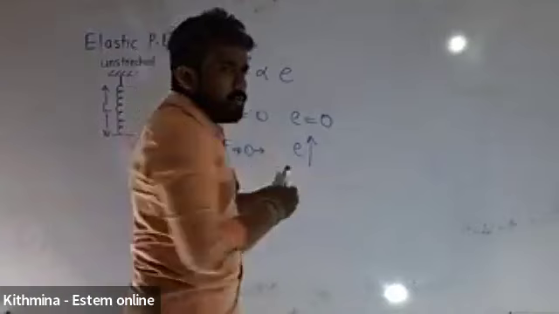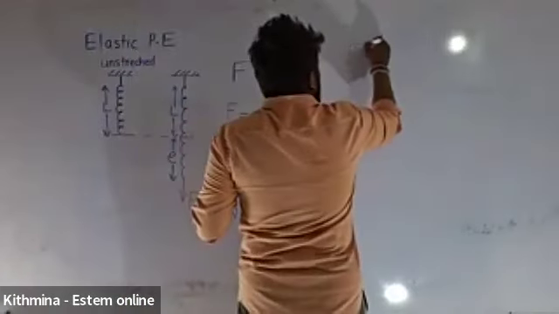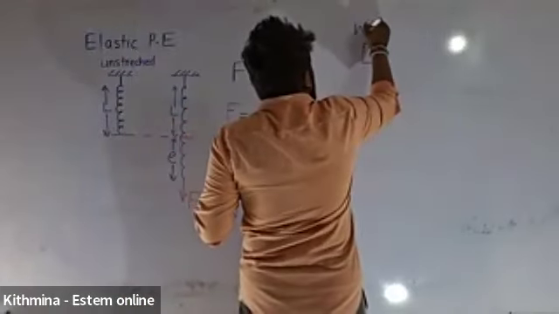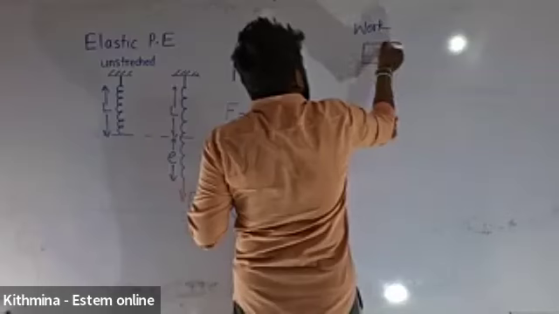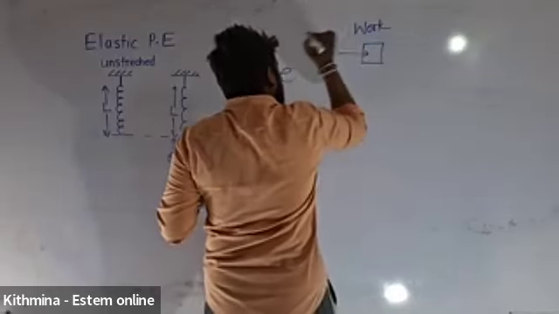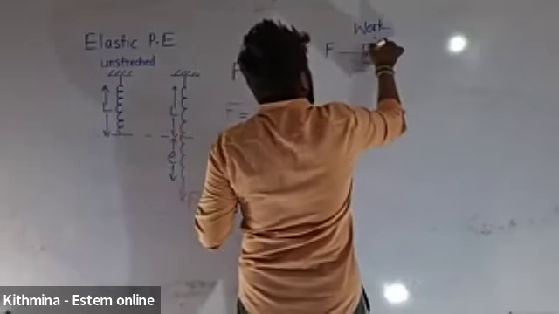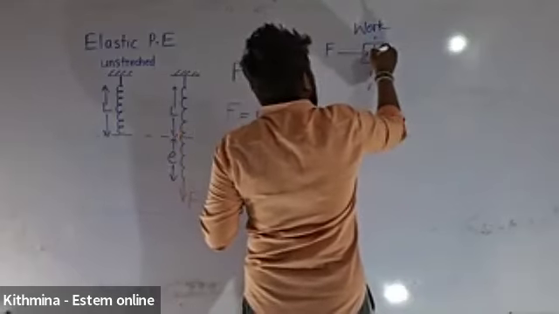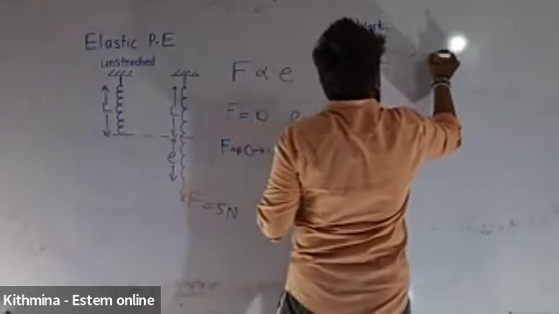Okay, we know the work. There is a mass. We are applying force. Because of that force, the gravitational center is traveling.